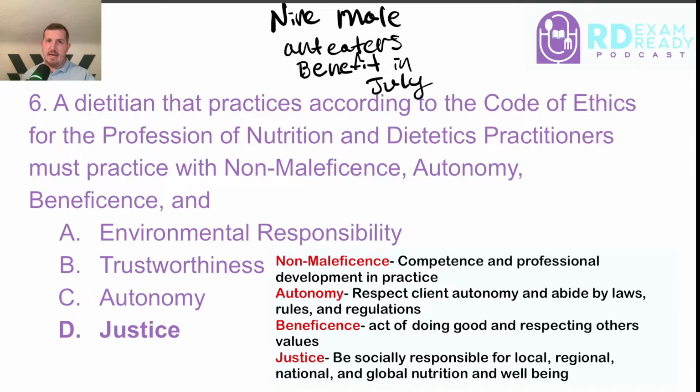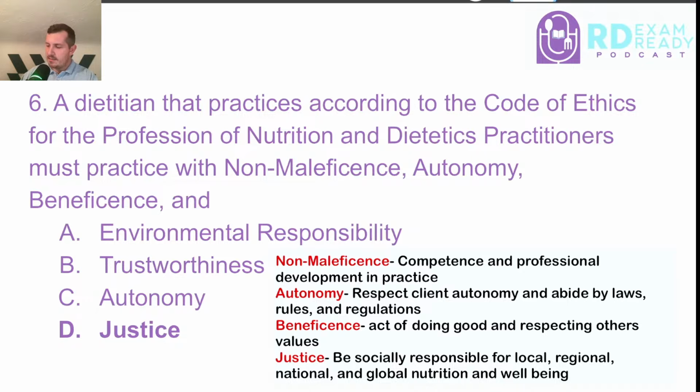So you can come up with any types of phrasings like non-maleficence, autonomy, beneficence, in July, or justice. You can come up with your own little ways to do that, or throw them on a flashcard, teach them to someone else. Those are all helpful tips too.